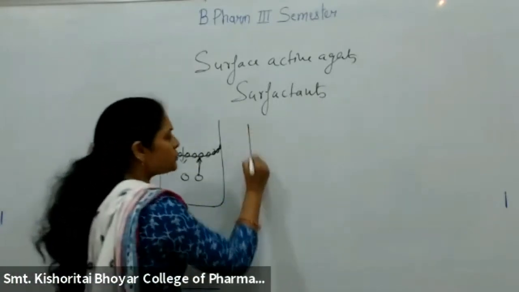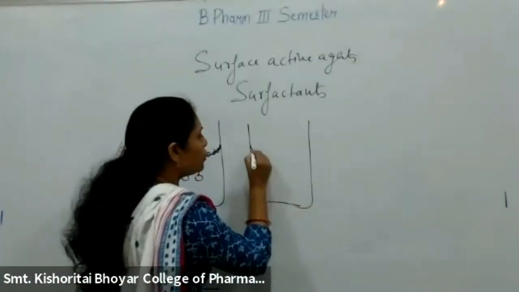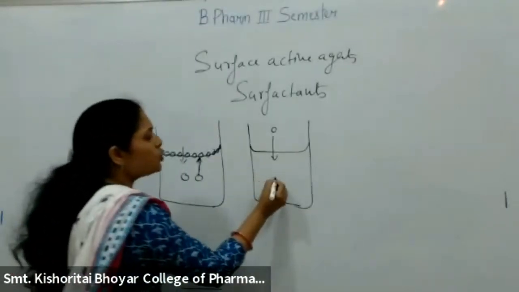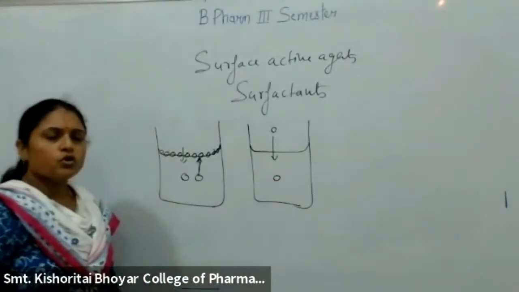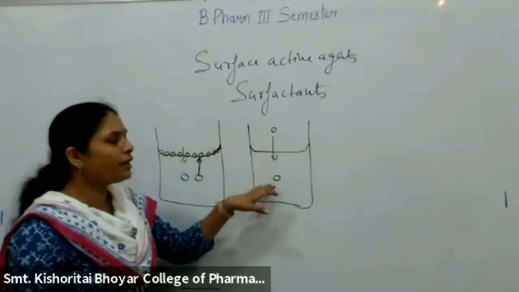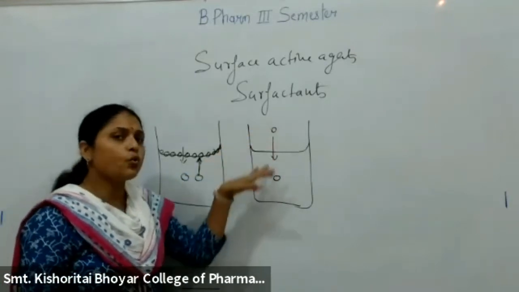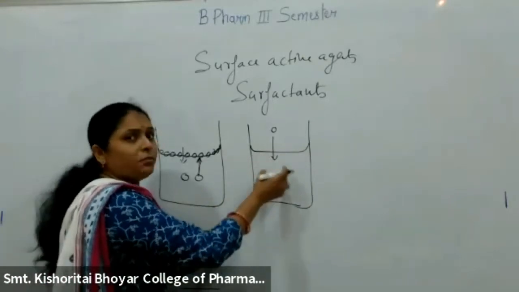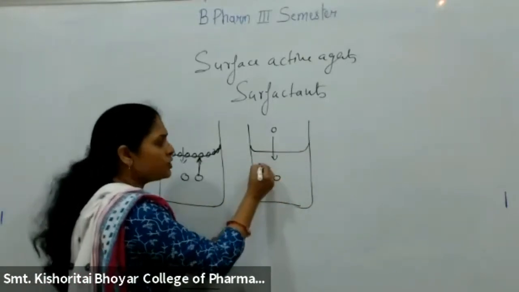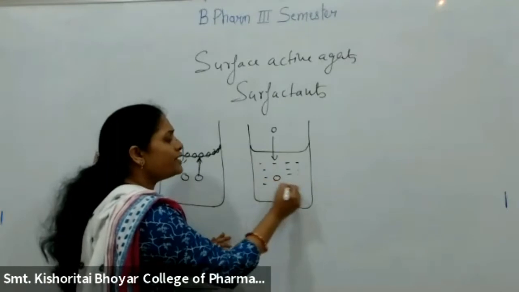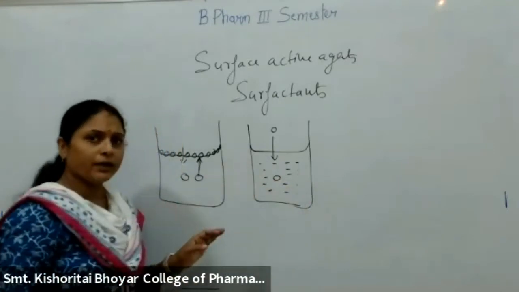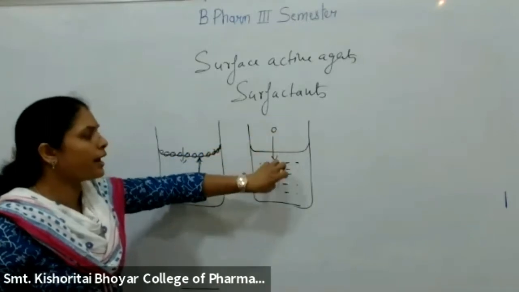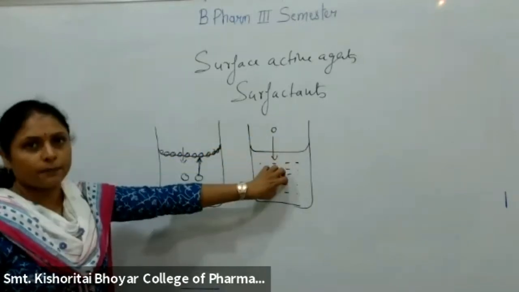If it goes into the bulk, we understand that the material we added is compatible with the solvent. If this is water, the added molecule is compatible with water, so it goes into the bulk.